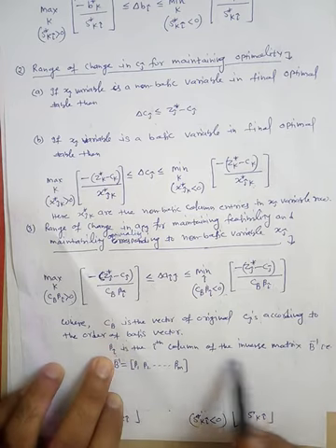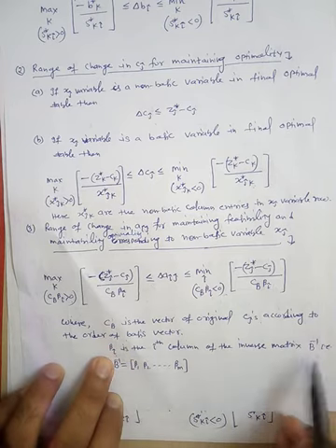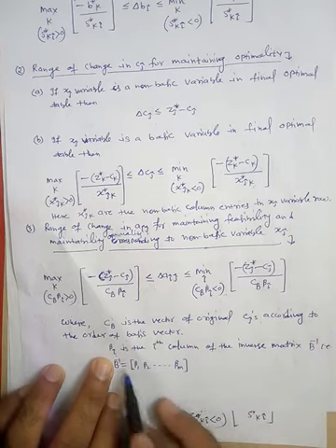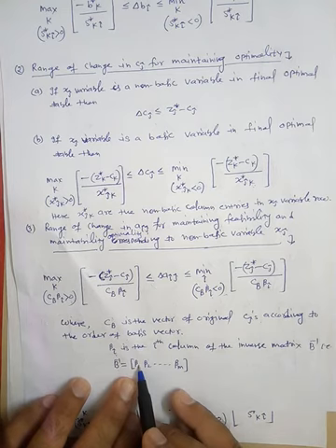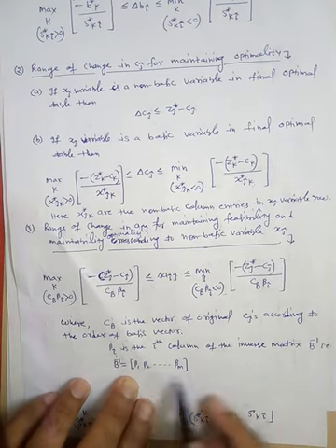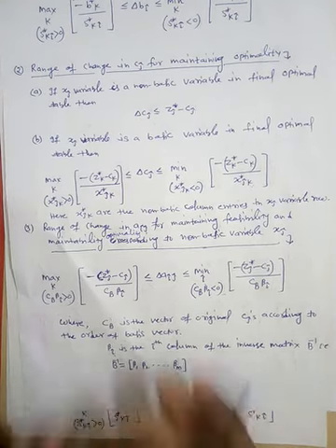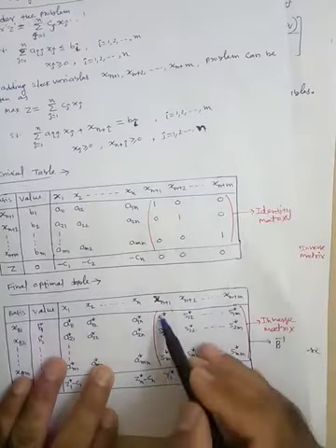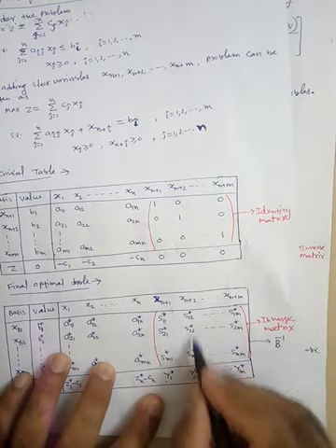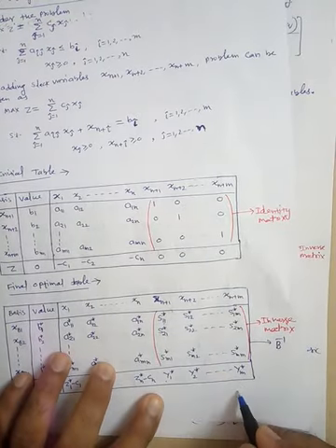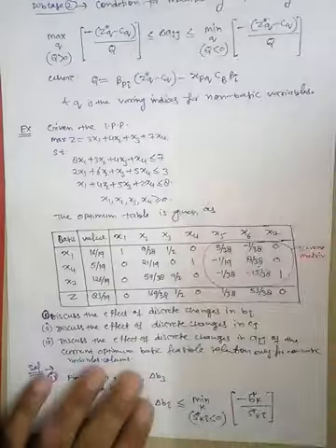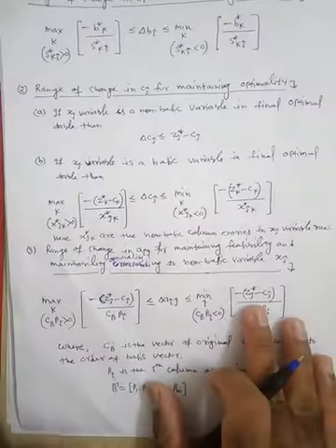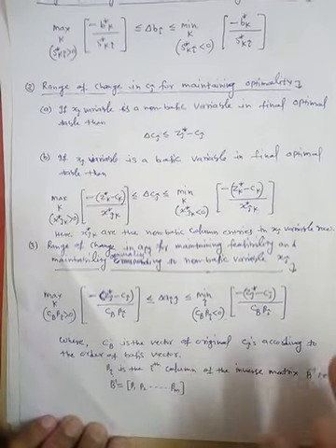Beta i is the ith column of the inverse matrix B inverse. Here this is the inverse matrix: first column, second column, third column. The first column is denoted by beta 1, the second column by beta 2, the mth column by beta m. Fine. So this is the way. Let's see how to apply this, and we will apply this in the next video. Thank you.